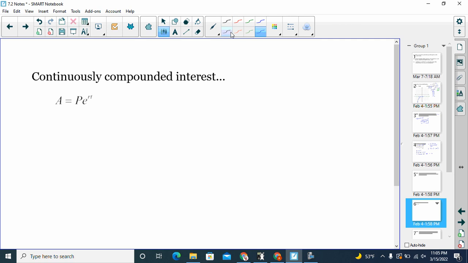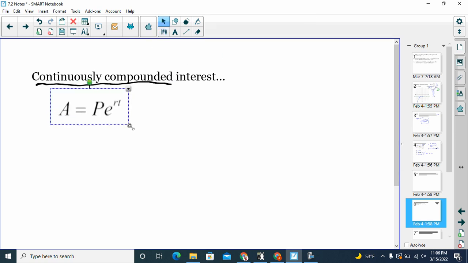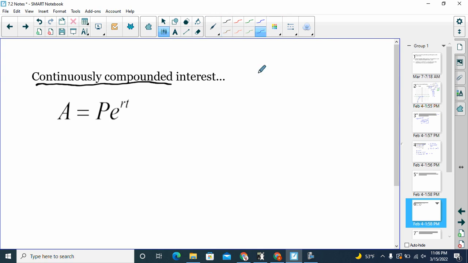If we have something that is continuously compounding upon itself, so continuously compounded interest, we have a different formula that we could use. It is A equals P E to the RT. E is a constant.